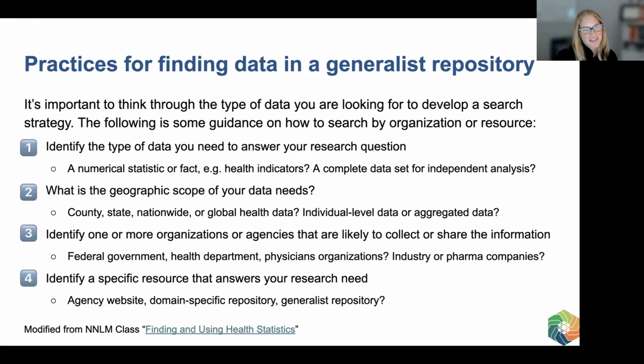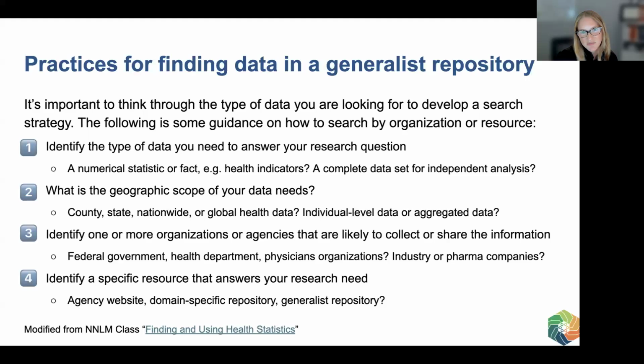But before diving into your search, you need to take a minute and think about what data you are interested in and where it might be located. This is modified from another NLM class on finding and using health statistics. These are some basic strategies for finding data anywhere, actually. First, you want to identify the type of data you need to answer your research question.